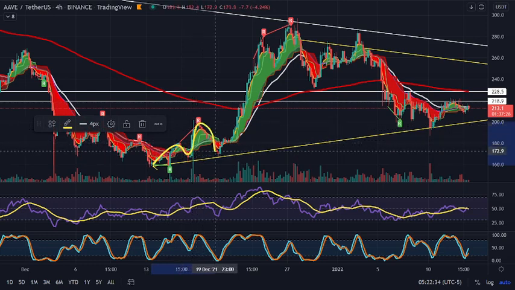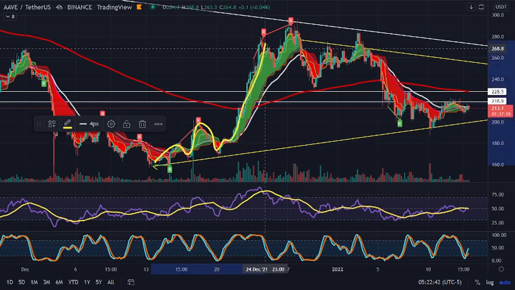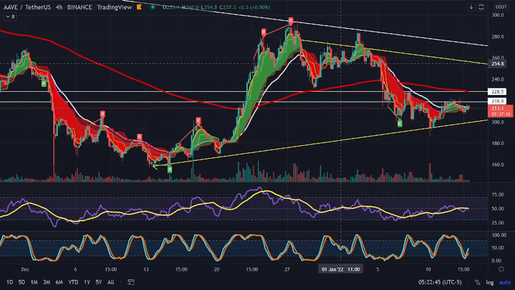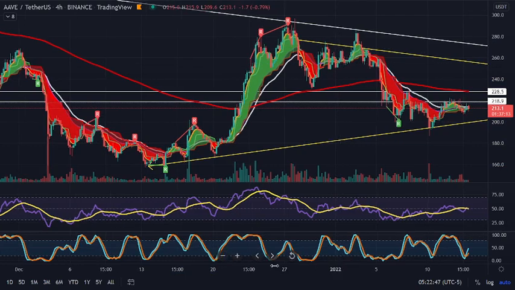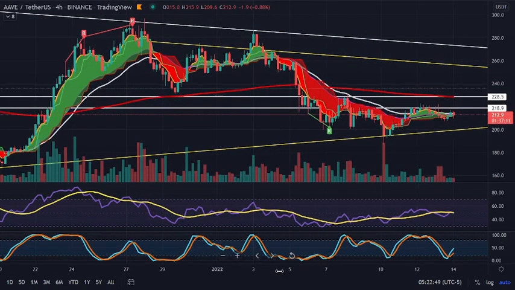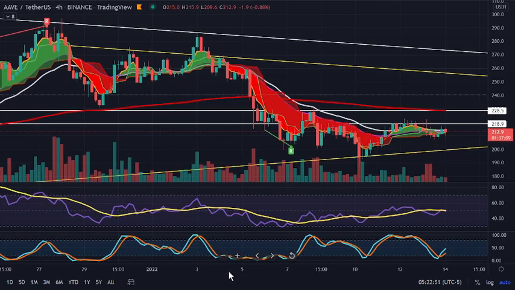Came back down under because of volatility, came back up, held the 30-day moving average, and then we rallied hard. So this is the same type of play, same type of setup, same type of positioning as previous.